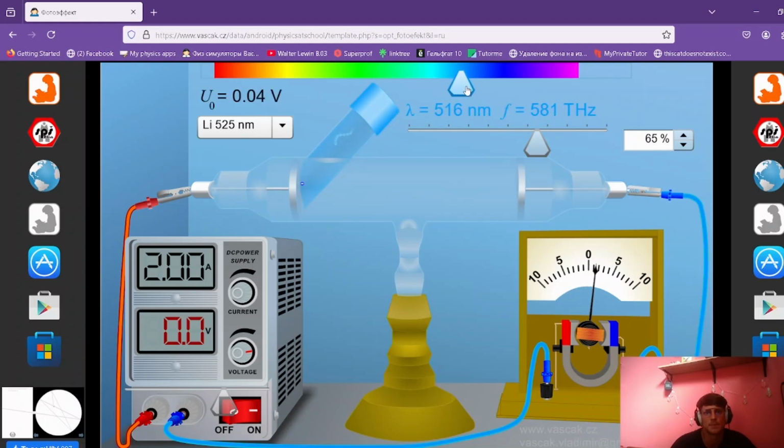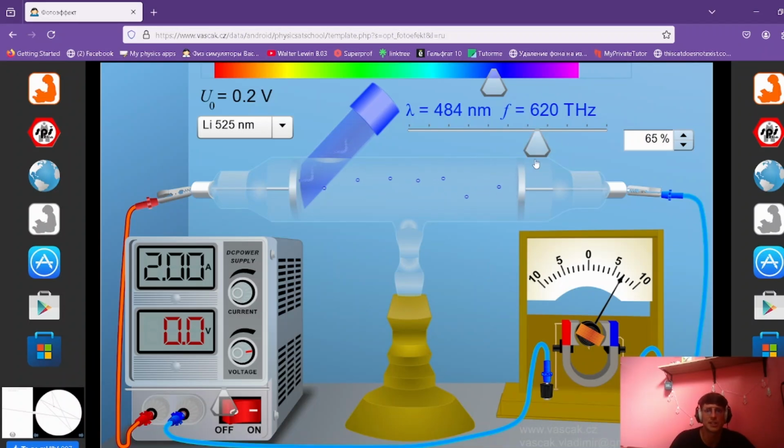Let's do this. Okay, now I have a photocurrent, we call it photocurrent in my circuit. And these electrons that are ejected from this metal, we call them photoelectrons. I want to show you first that this current in the circuit depends only on the intensity of this light.